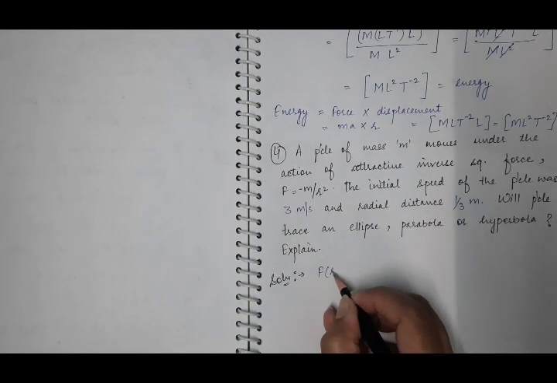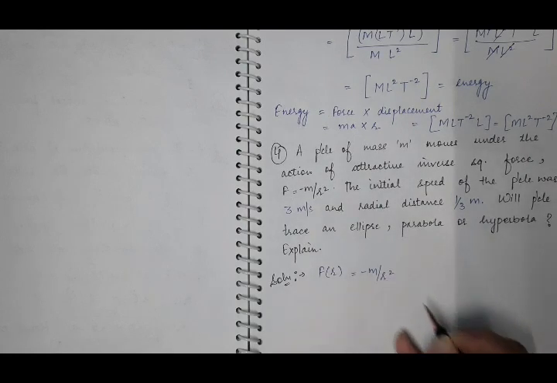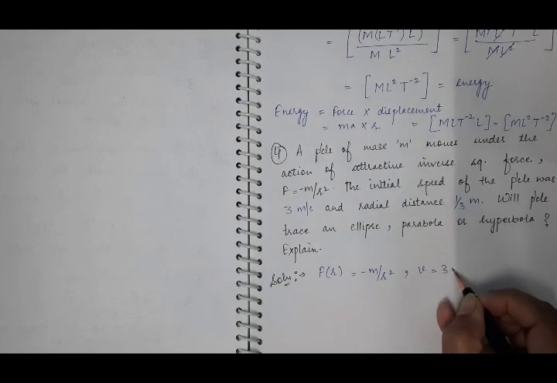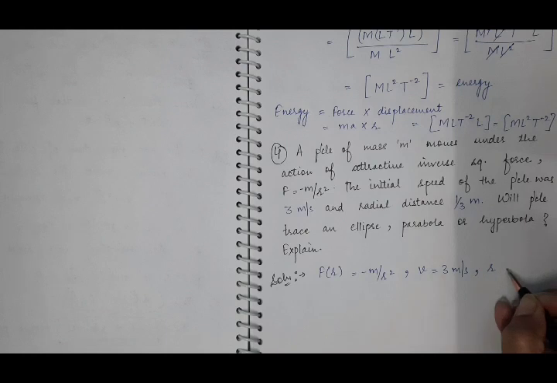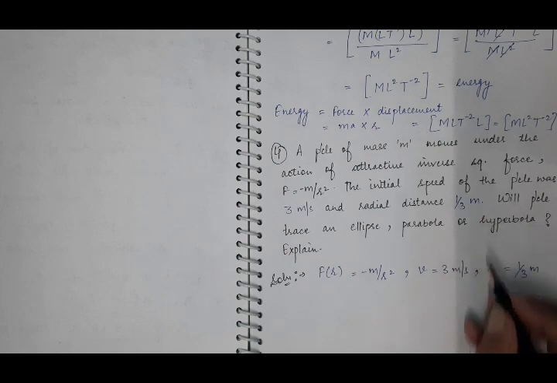The radial distance r is 1 by 3 meter. This m is not mass, it is meters.